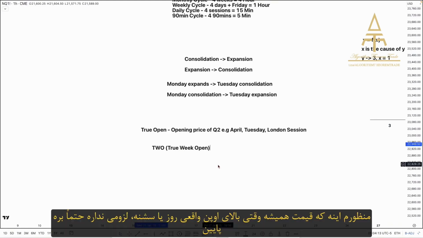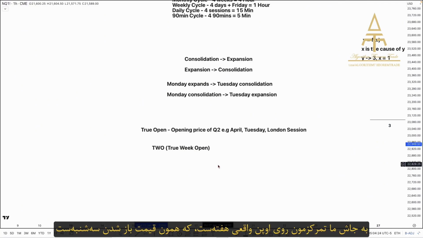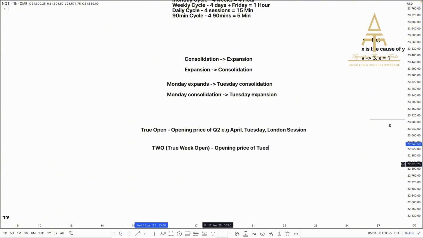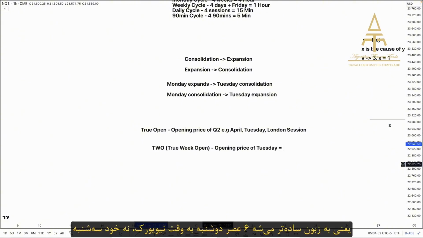What I mean by this is that price will not necessarily go lower when above the true day open or true session open. Instead, we'll be focusing on the true week open, which is the opening price of Tuesday, which in other words is 6 p.m. EST on Monday, not Tuesday.